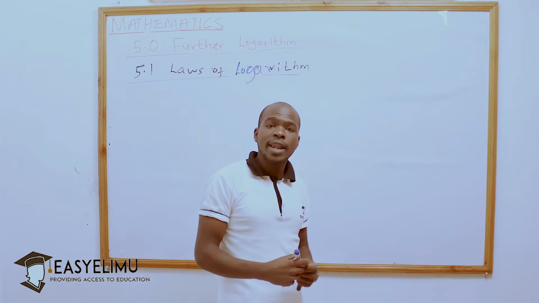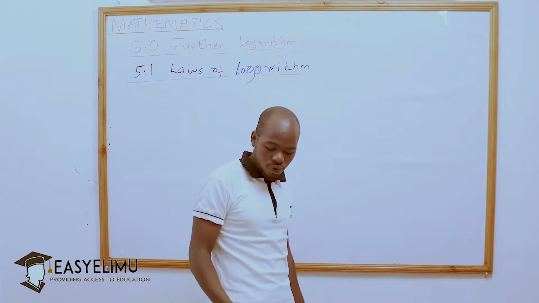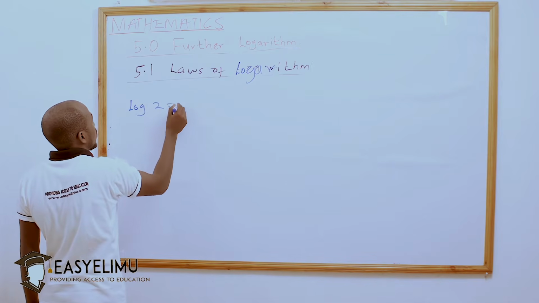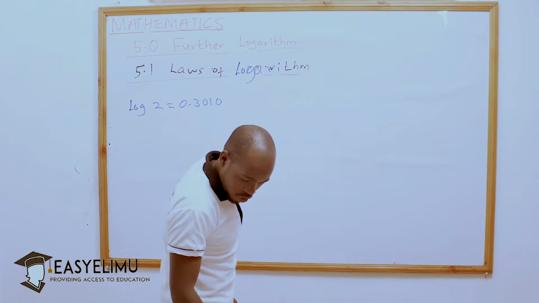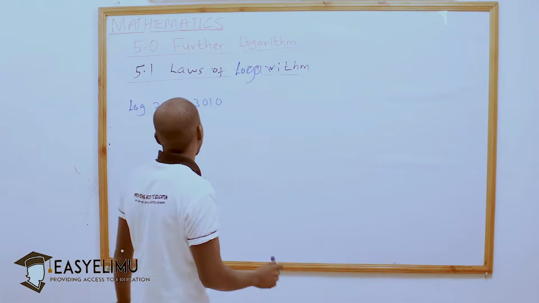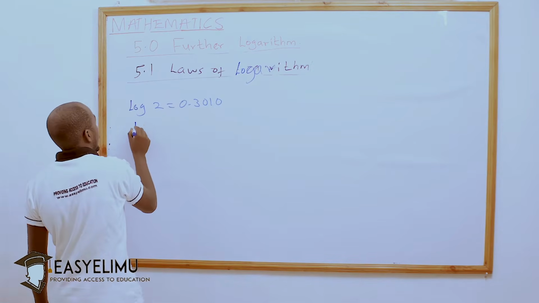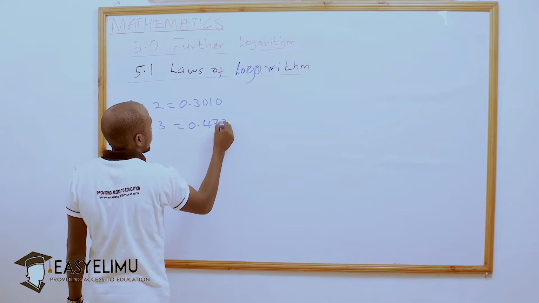For instance, let's see an example whereby we are told, given that log 2 equals 0.3010, and log 3 equals 0.4771.